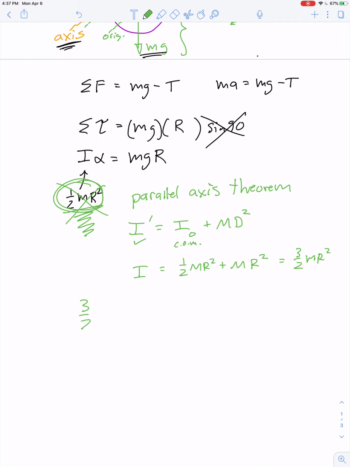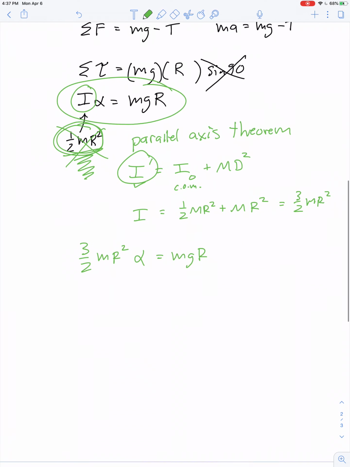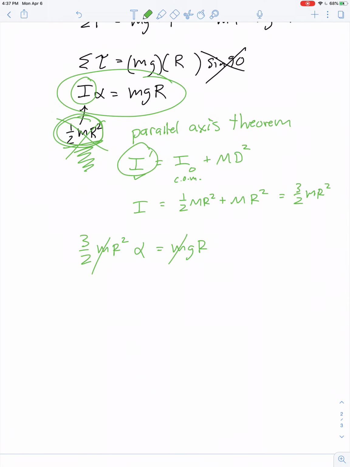Instead, we say 3/2 mr squared times alpha, thanks to the parallel axis theorem, is equal to mgr. I'm just transcribing this step of work and making a substitution for the correct shifted rotational inertia. Mass cancels out. One of the r's cancels out.